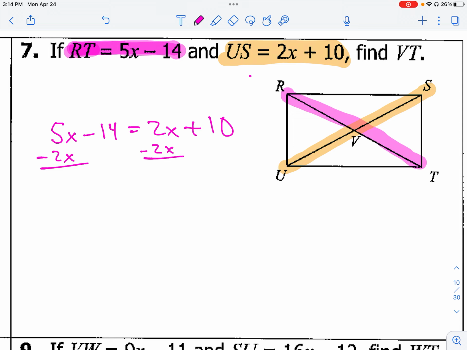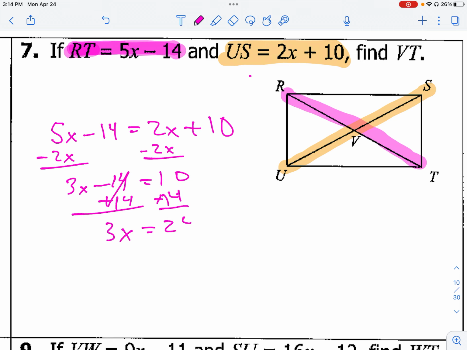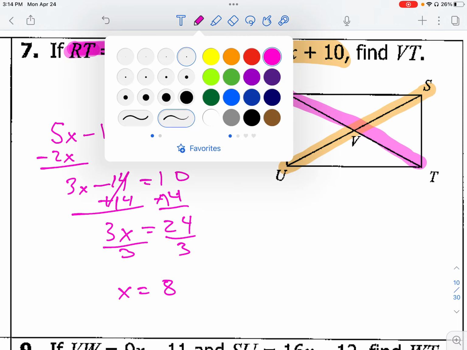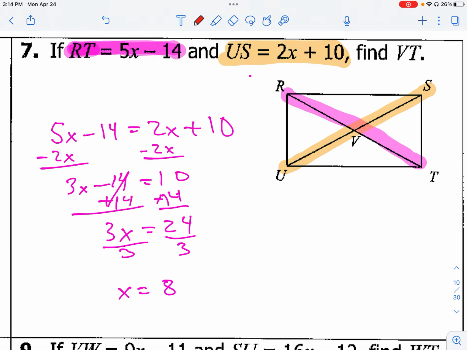To find x, going to get the x on the same side. Then we're going to get the x by itself. Divide by 3 and get x equals 8. All right, but we want to find VT. And VT is right here, and it's half of one of these diagonals.